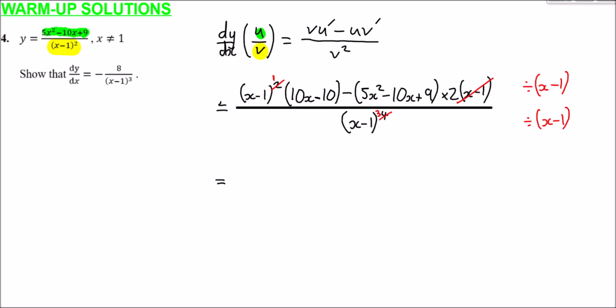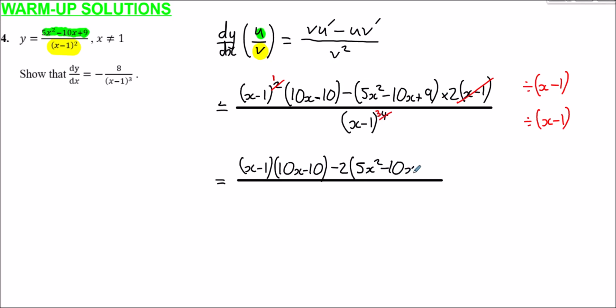So the next step, after doing that, we'll just have one lot of x minus 1 here times 10x minus 10, and then minus, the 2's not cancelled, so still minus 2 lots of 5x squared minus 10x plus 9. And all of that is going to be over x minus 1 cubed.